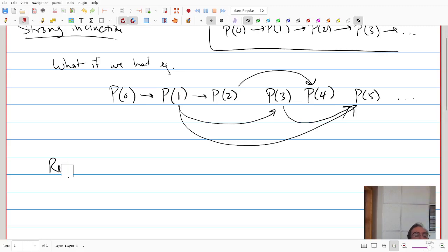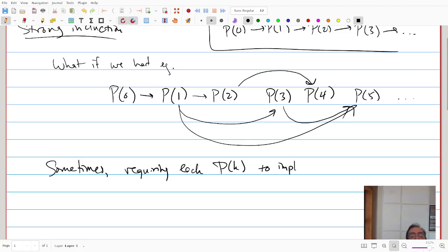Just to summarize what I just said, sometimes requiring each Pk to imply Pk plus 1 is too strong. It's an unnecessarily strong requirement.